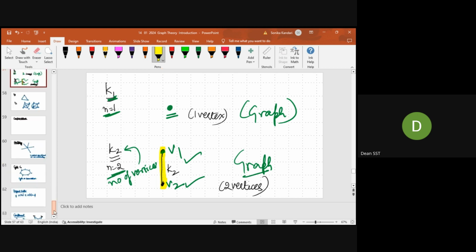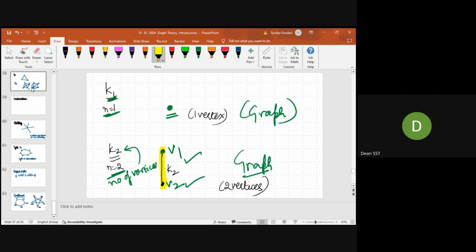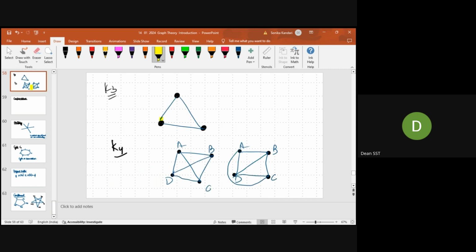Now coming on to complete graph with three vertices. With three vertices, the graph can be represented as K3. Suppose we have vertices A, B, C. AB is adjacent, yes.